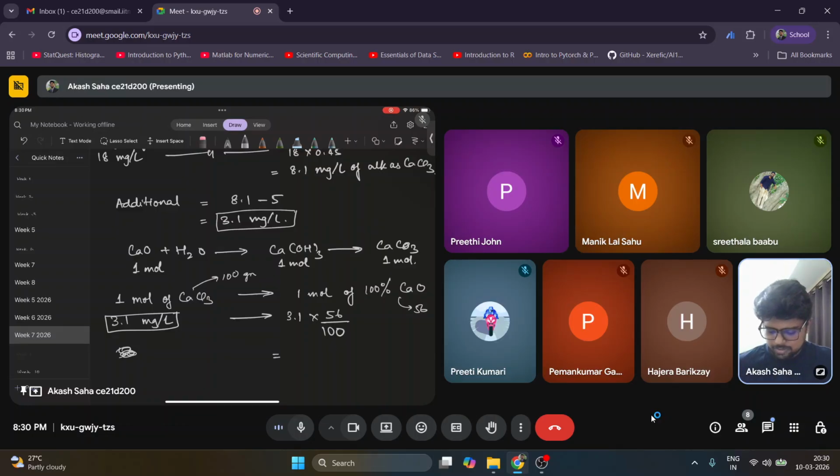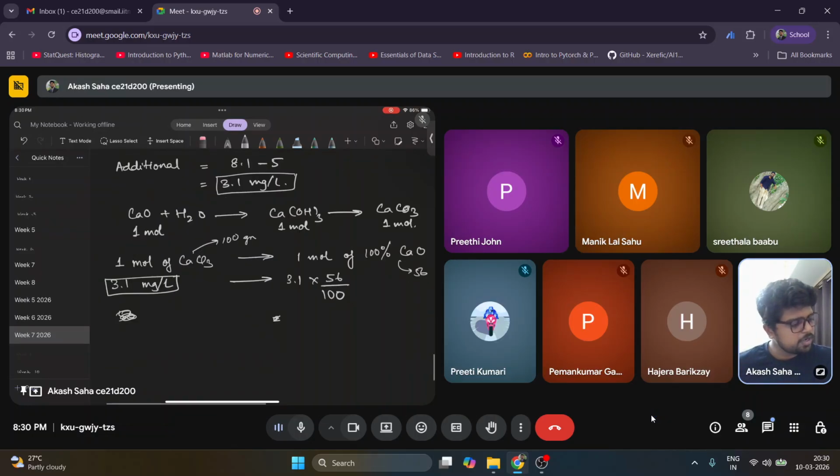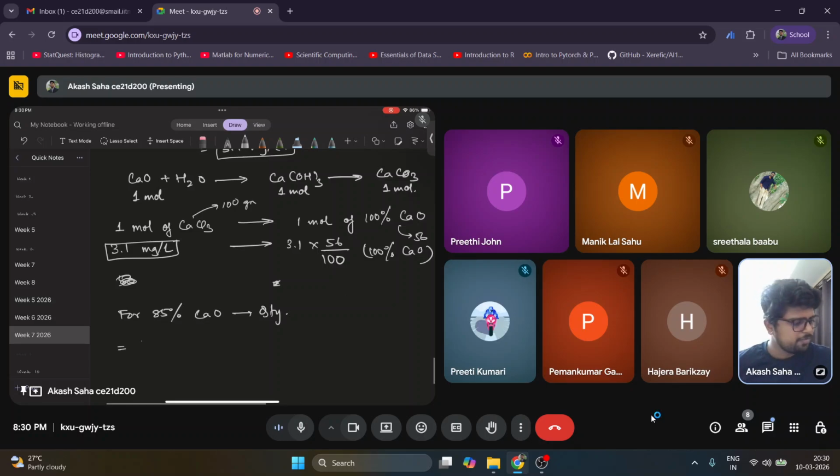It will be some value, let it be. And this is for 100% pure CaO. So ultimately for 85% pure CaO, the quantity required will be 56 by 100 into 3.1 into 1 by 0.85, because it is 85% pure.